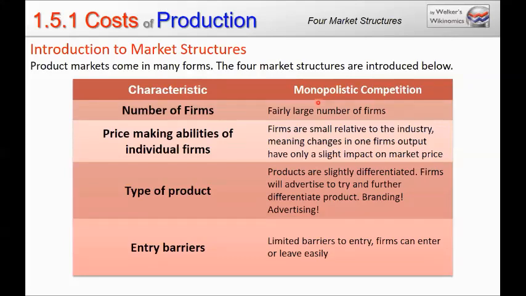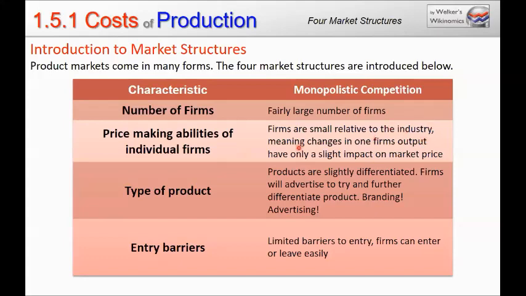In monopolistic competition, there's a fairly large number of firms. Same with perfect or pure competition, there's also a large number of firms. And in terms of price making abilities of individual firms, firms are small relative to the industry, whatever type of industry they have.